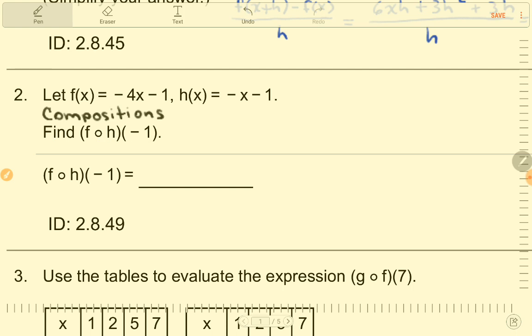Another way of saying that is find the function that is f composed with h and an input of x equals -1. So we're going to create a new function by composing these two functions, and then we're also going to input an x value and evaluate the y.